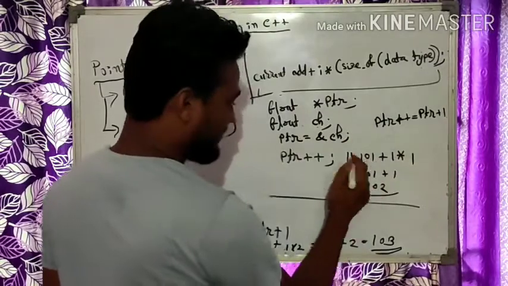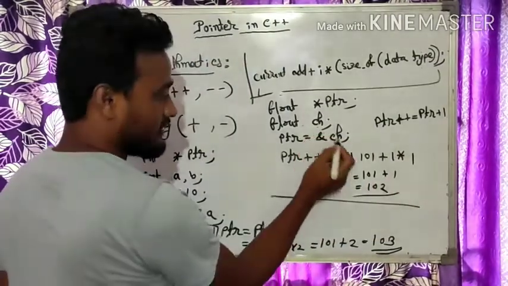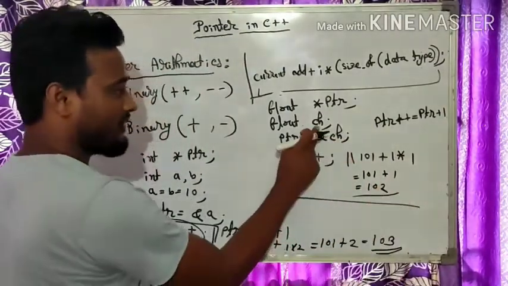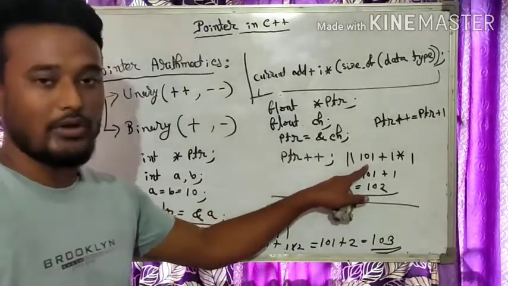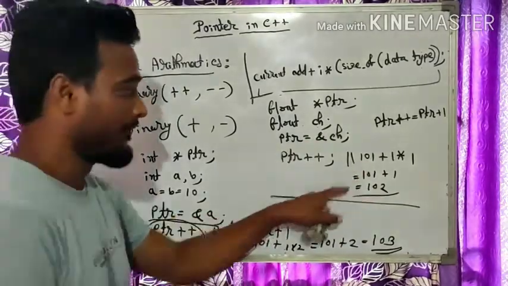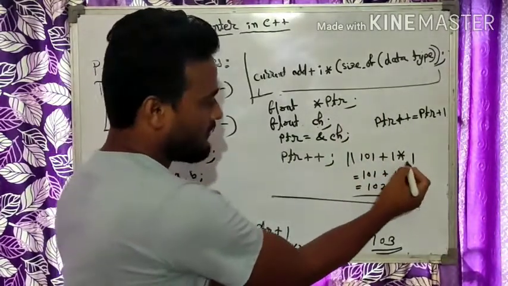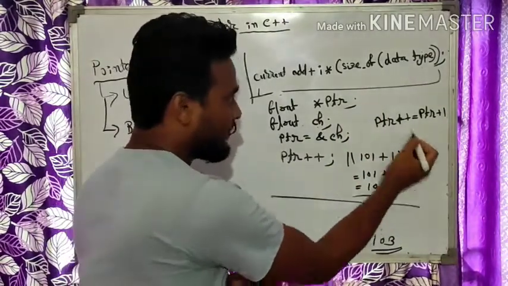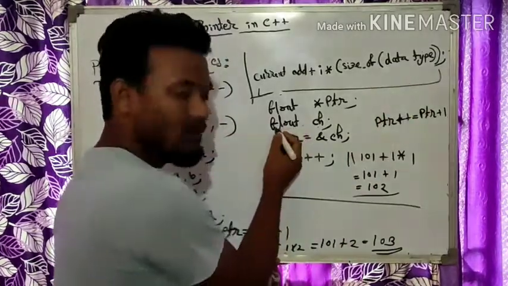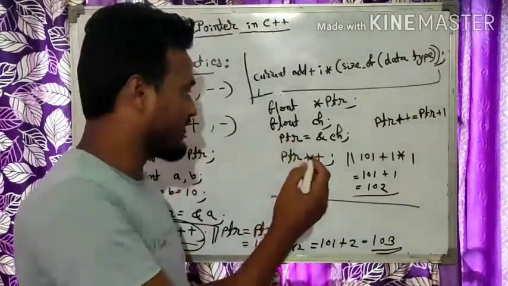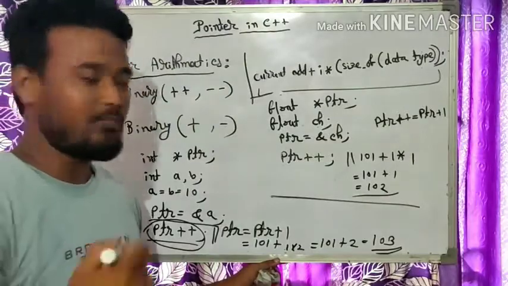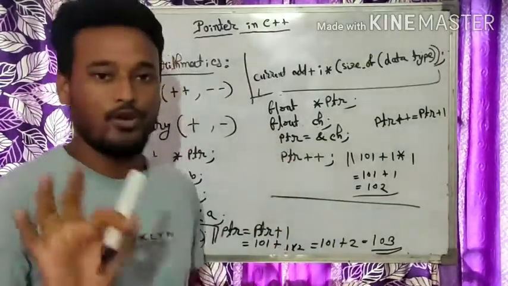Let's say the current address of the variable CH is 101. Assume it. Plus I here, again I plus, so it will be 1 into the size of the data type. This time we are using a floating point variable, and as you all know, the data type size for a floating point variable is 4 bytes, right?